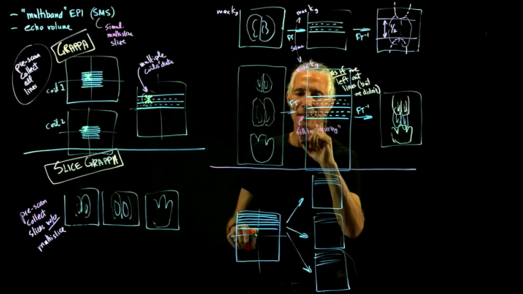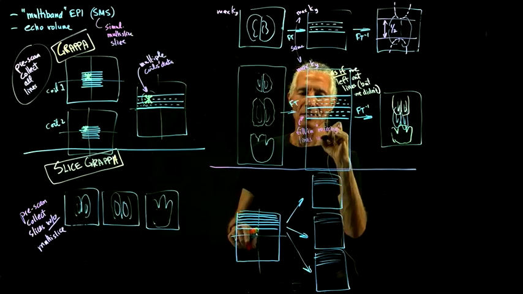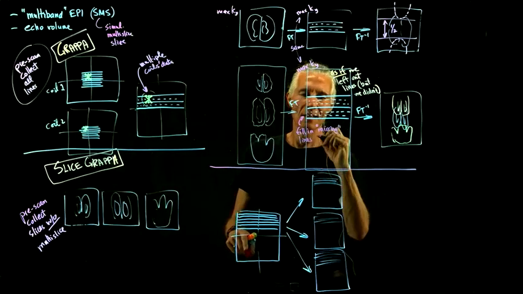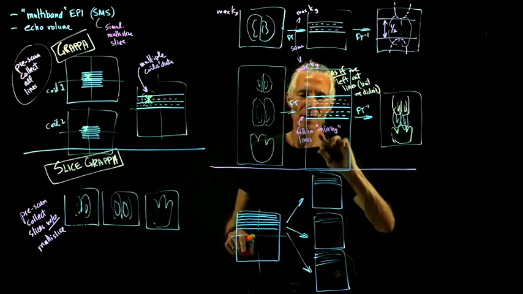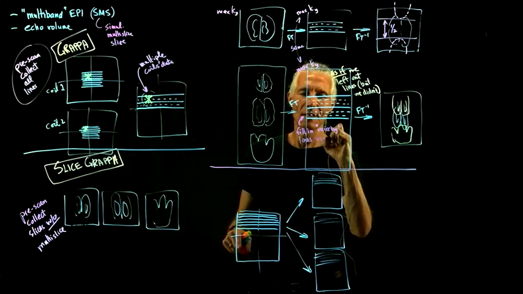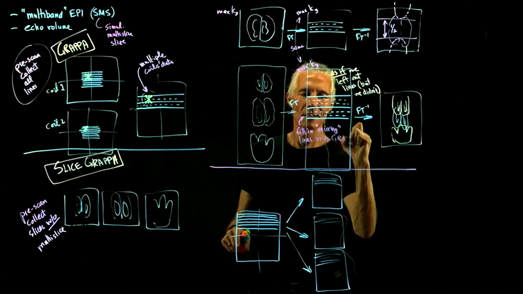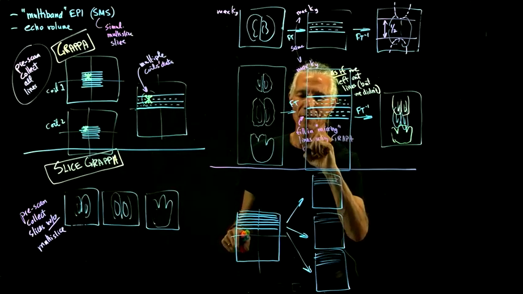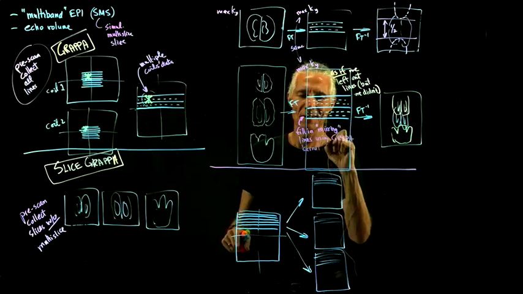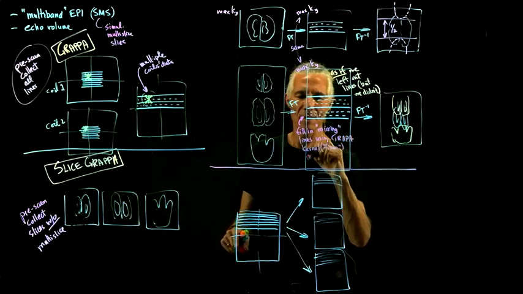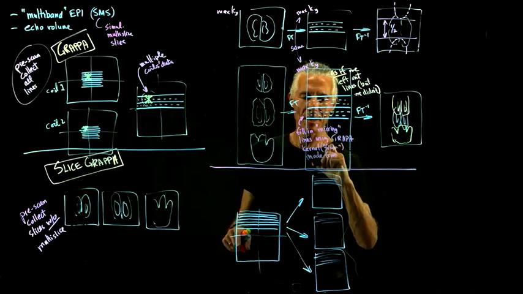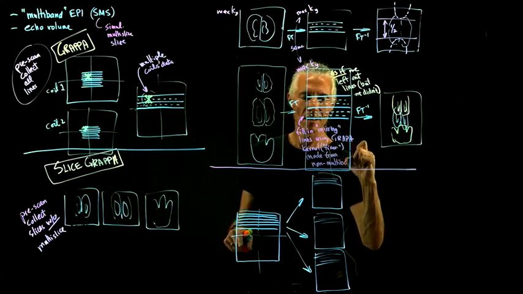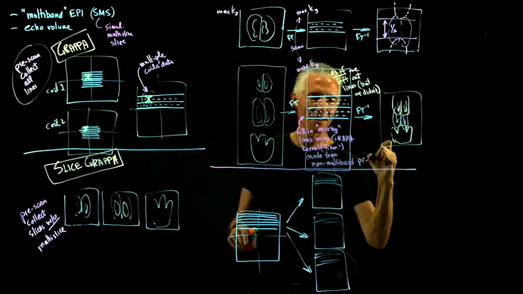But fill in missing lines using a grappa kernel fixer made from the non-multiband pre-scan.